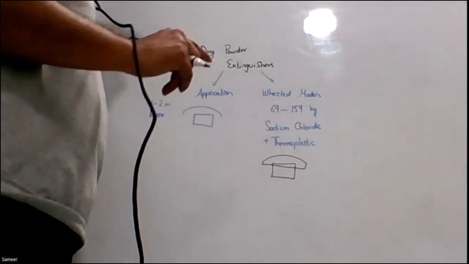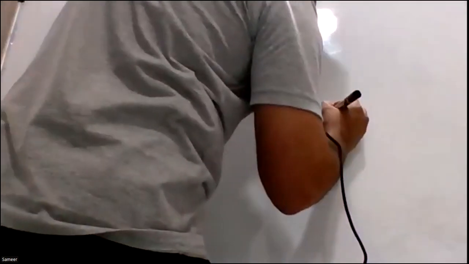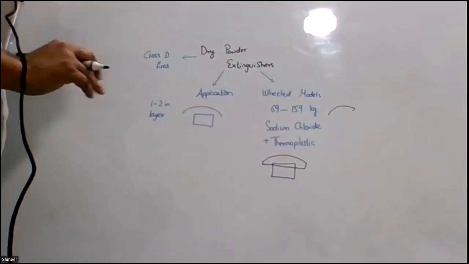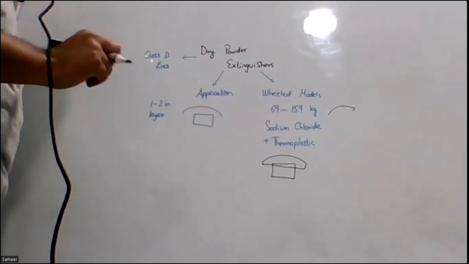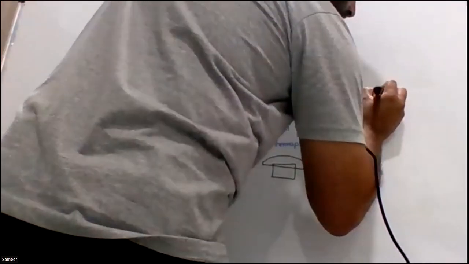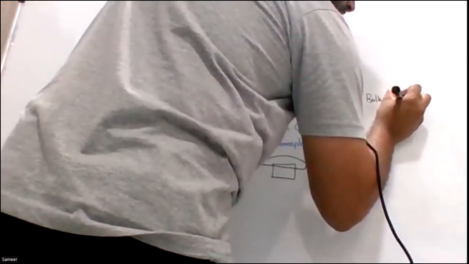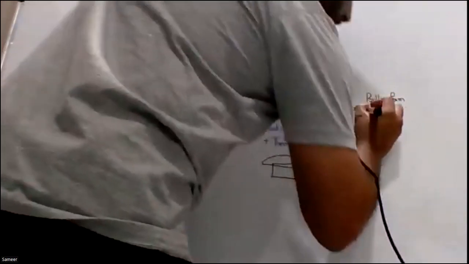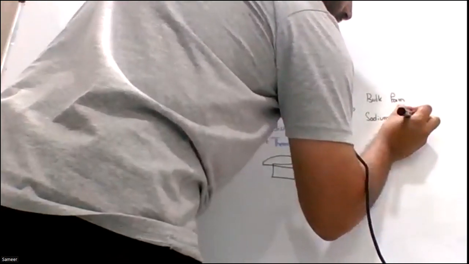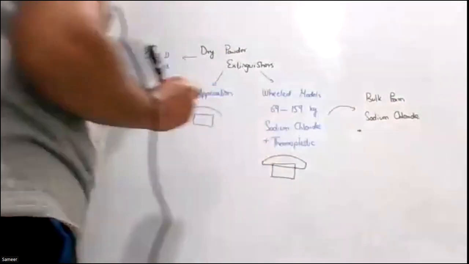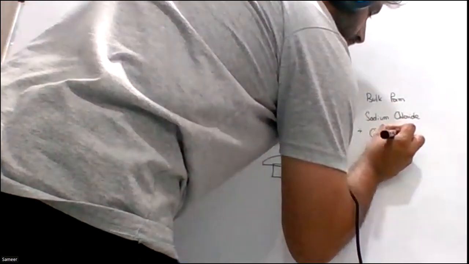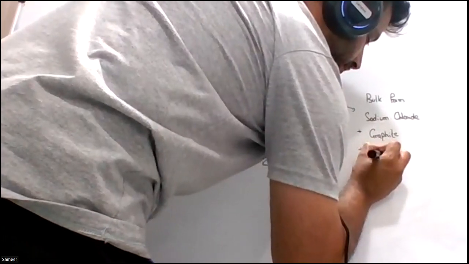But I have the second composition of the wheeled model, which may require large quantities of sodium chloride, large quantities of dry powders, in bulk form. So in bulk form of dry powders, we change the composition. In the bulk form, the composition is sodium chloride plus graphite plus phosphorus.